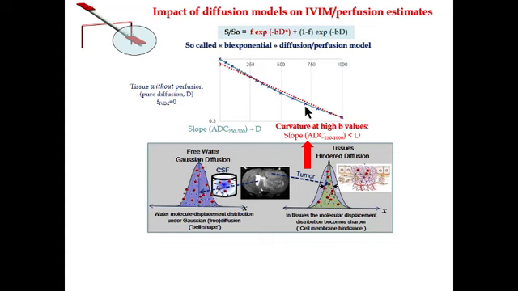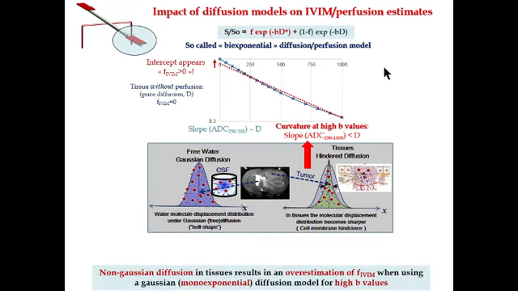If you calculate the ADC between 250, as I suggested, and 1,000, you get an intercept here. So there is an IVIM effect, although I said there is no perfusion in this artificial tissue, just diffusion. It is an artifact related to the fact that we use the wrong model for diffusion.